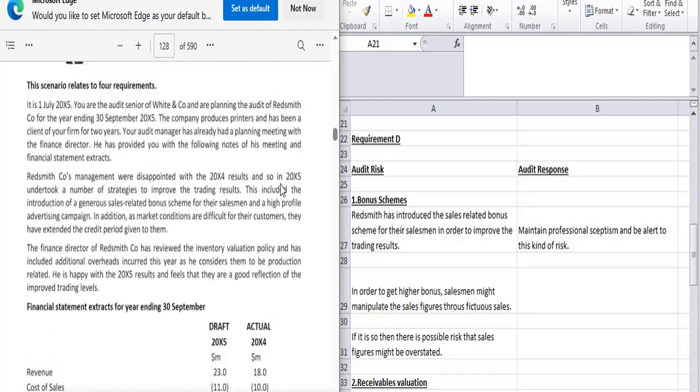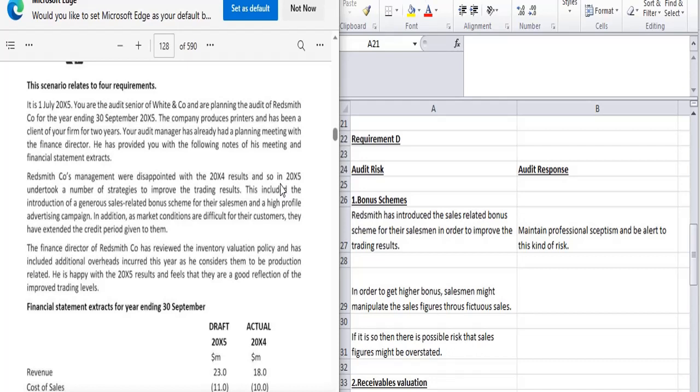First, let's read out the scenario. It is 1st July 20x5. You are the audit senior of White and Co, which is the audit firm, and you are planning the audit of Redsmith company for the year ending 30 September 20x5. So Redsmith company is our client, for whom we are going to perform the audit.